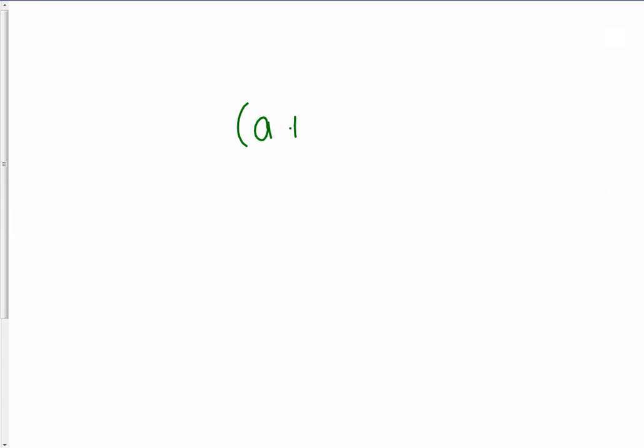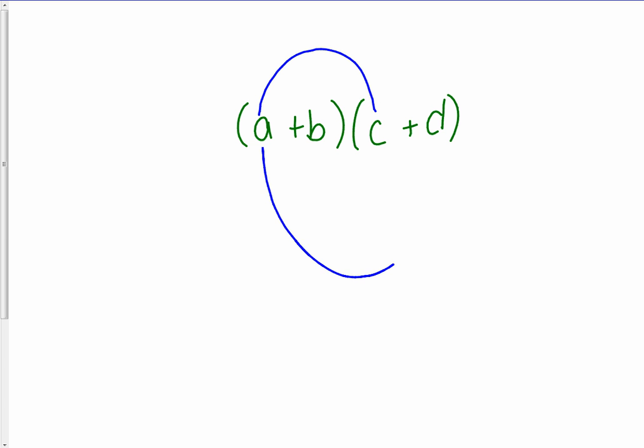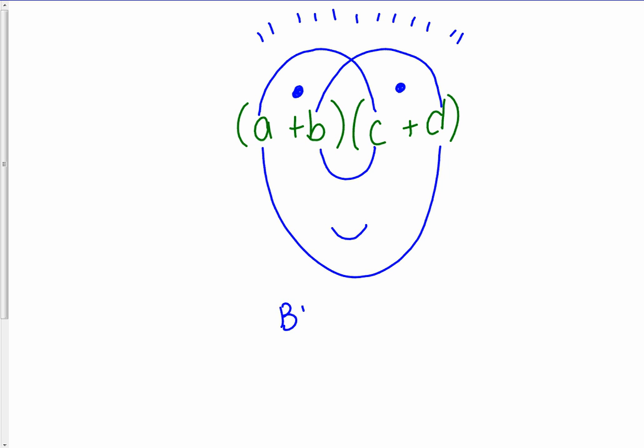If you have (A plus B)(C plus D), we have our first, A times the C. Then we also have to do the outsides, A times the D. Then we're going to have to do the insides, B times C. And then the last, B times D. It's binomial man.